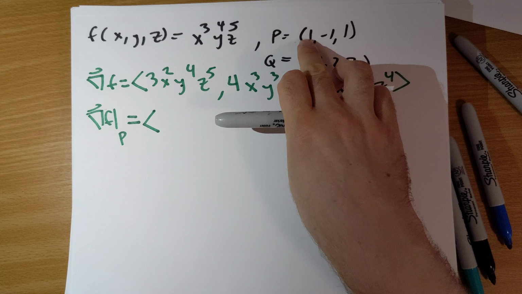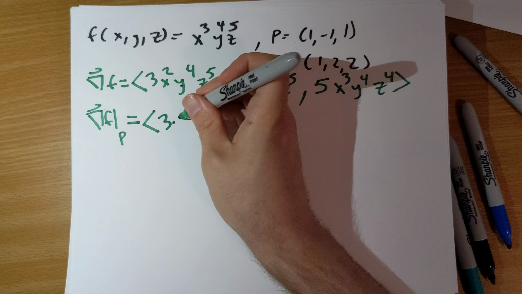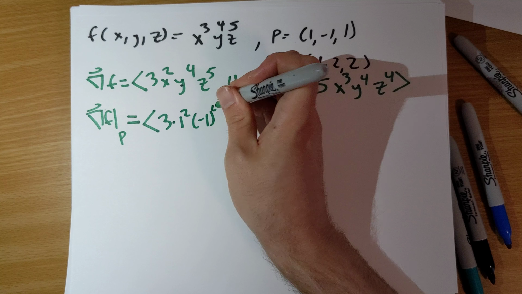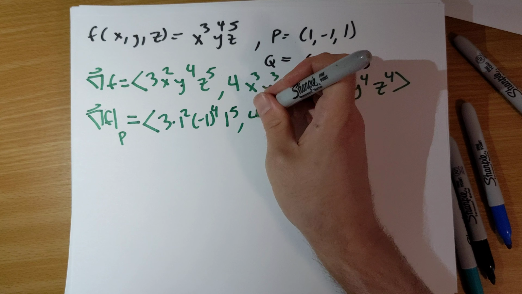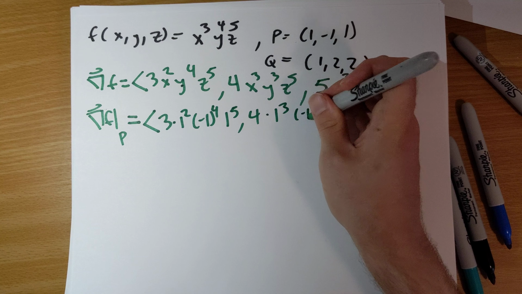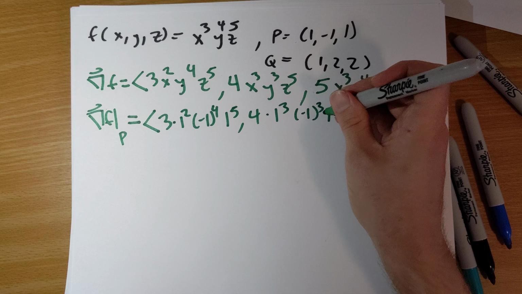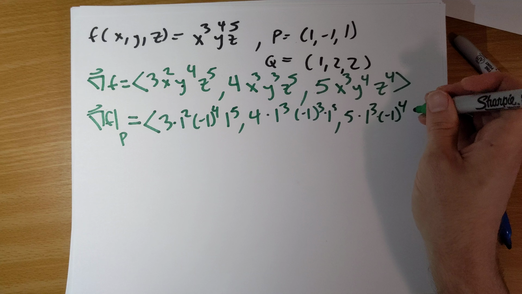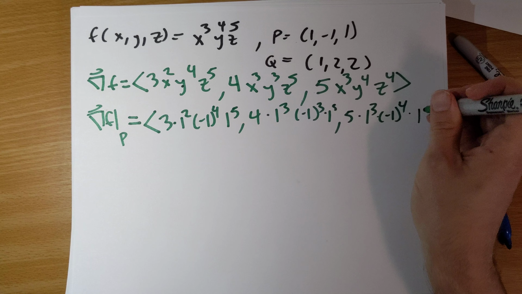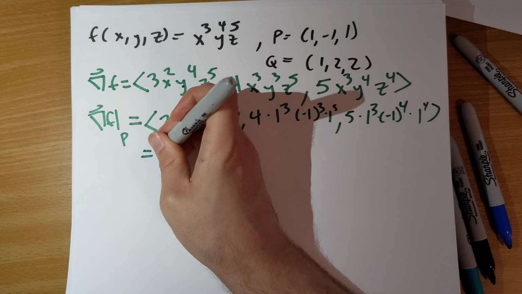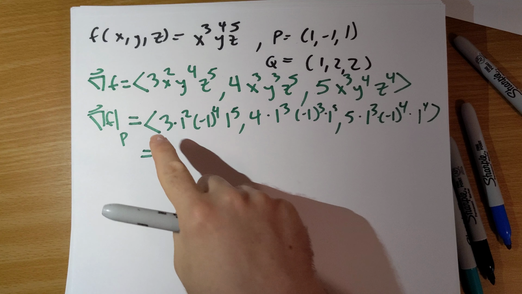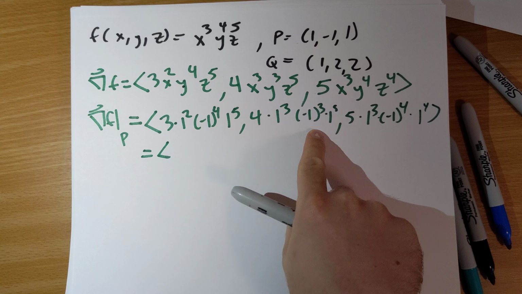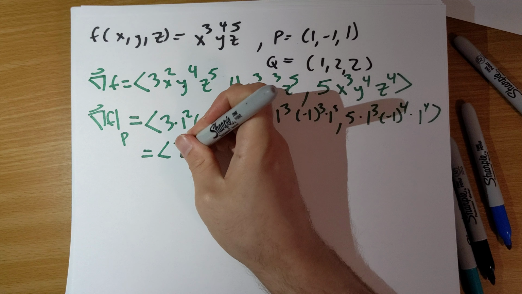So when we plug in (1, negative 1, 1): 3 times 1 squared times negative 1 to the 4th times 1 to the 5th; 4 times 1 cubed, negative 1 cubed, 1 to the 5th; 5 times 1 cubed, negative 1 to the 4th, times 1 to the 4th. What do we end up with? This will be 3, this will be negative 4, and 5.